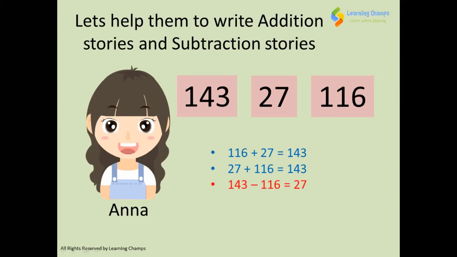If you are writing the subtraction story, we find the highest value and write it first. And then we can switch the last 2 numbers and write them as the subtrahend and the difference. Can you see that? Yes. Is it clear? Yes. This is how we write addition stories and subtraction stories.